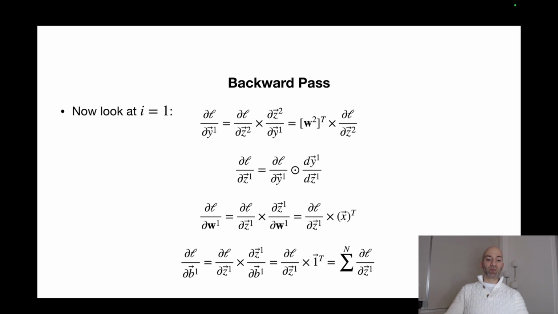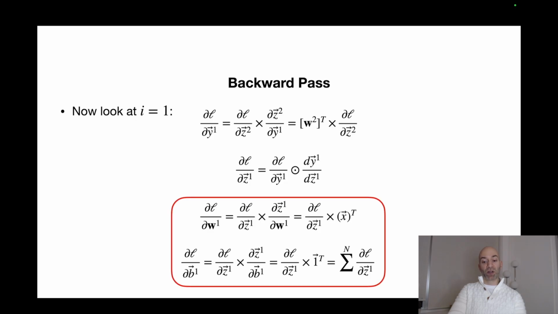And like before, we can compute the derivative of the loss with respect to the biases in the hidden layer by using the chain rule. If we look at the definition of Z again, for our second derivative here, this is just the identity vector. And so in essence, the derivative of the loss with respect to the biases in the hidden layer is just equal to the sum of the derivatives of the loss with respect to Z1 summed over all the samples in our batch. So these are the derivatives we need for our hidden layer.